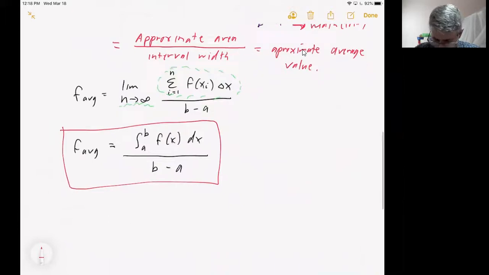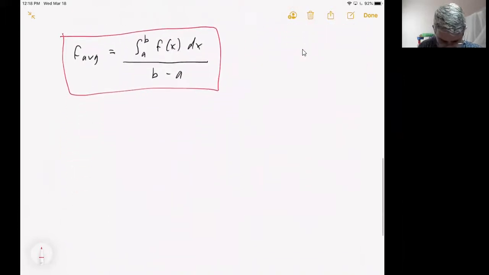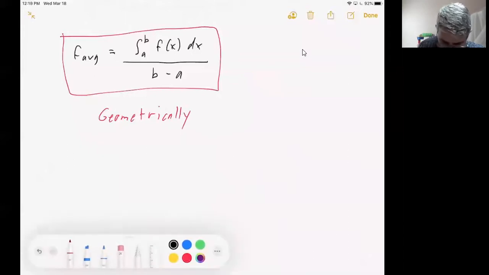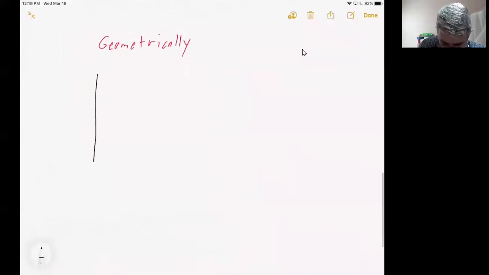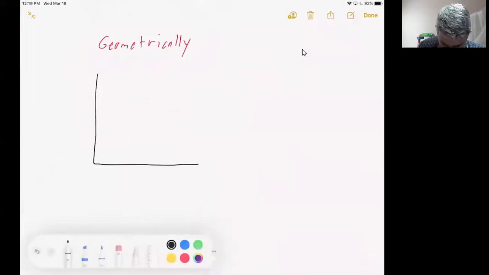Now, another way to think of this is to think of it geometrically. So if we want to look at all of this geometrically, we could draw another set of axes, put in a function.